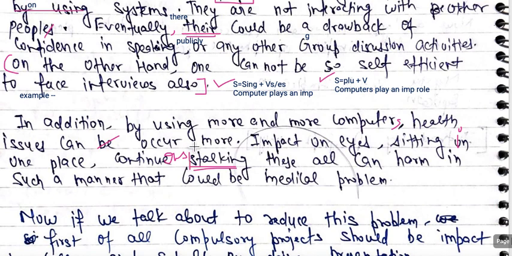Stalking is not the right word. Okay. Right? वो stalk करना हो जाता है ना, कोई किसी को follow कर रहा है बिना बताए, right? Yes. So you can say maybe constantly looking at the computer screen, or constant screen exposure, can harm in such a manner that it could lead to further medical problems.